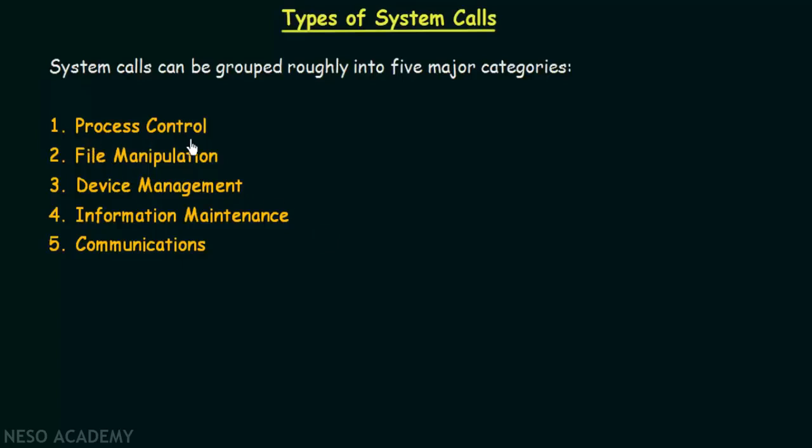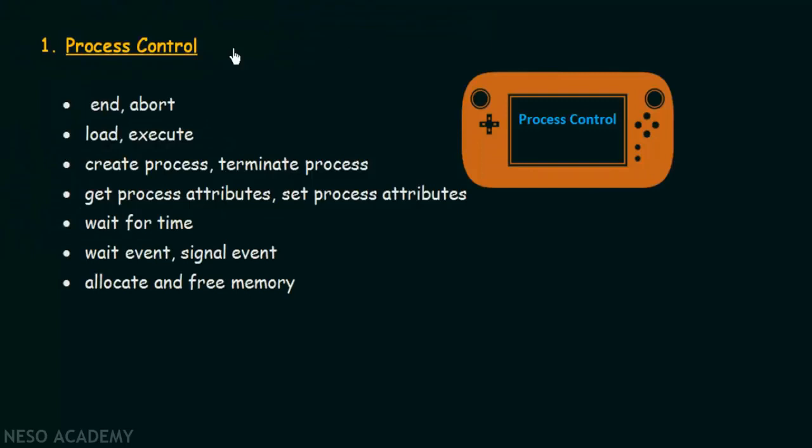Alright, so let's start with the first one, which is process control. By process control, what we mean is the system calls that are used for controlling the processes. We know that there are various processes running in our system, and all these processes need to be controlled. For example, when a process is running, it has to run and it has to terminate or halt either normally or abnormally.